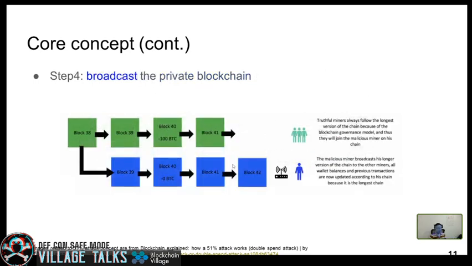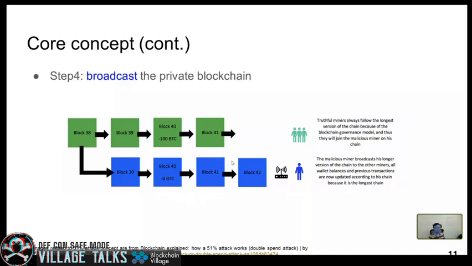And then step 4, this is where you actually hack them. You broadcast the private, longer blockchain that you have been building to the network, and the others, based on the consensus algorithm, will accept the longer chain. When they see your blockchain, they will see, oh, maybe we should include this one and replace the original one.